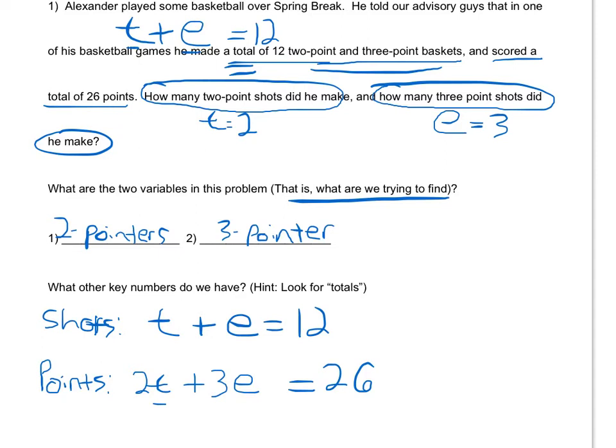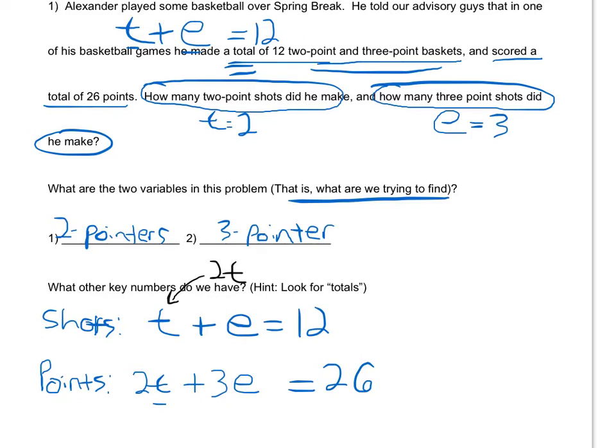Now, a common misunderstanding on this, or what students often do, is they say, why don't we write right here like 2t? Why don't we put the 2 with the t right here?